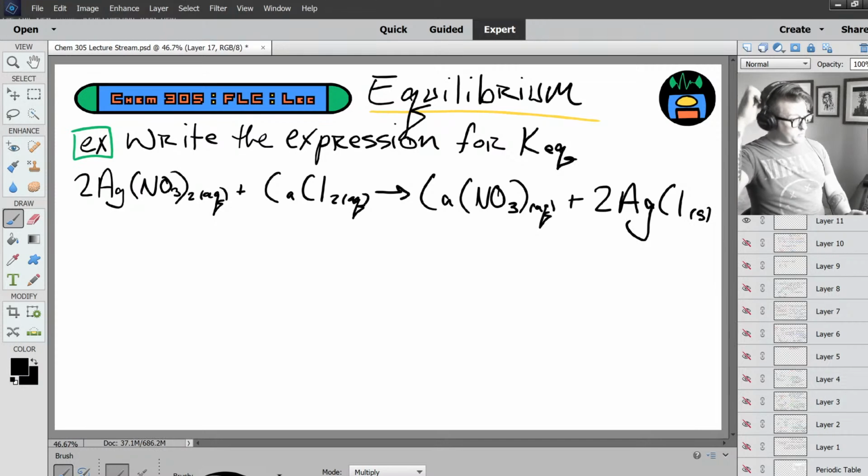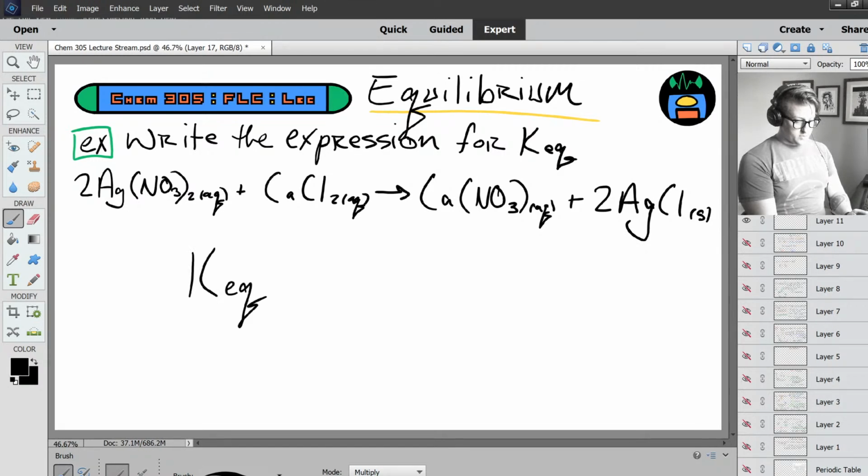All right, again, remember, we're products over reactants. So KEQ will equal the concentration of calcium nitrate. That looks like a C. It should be a parentheses.